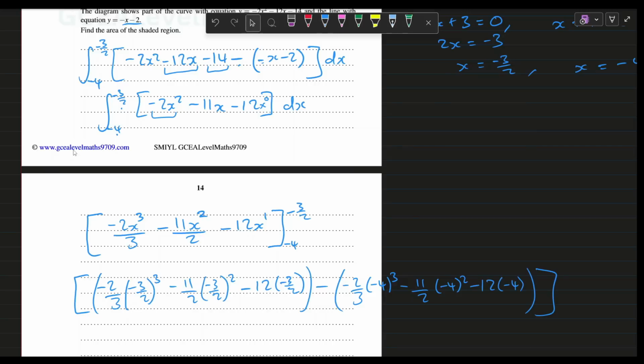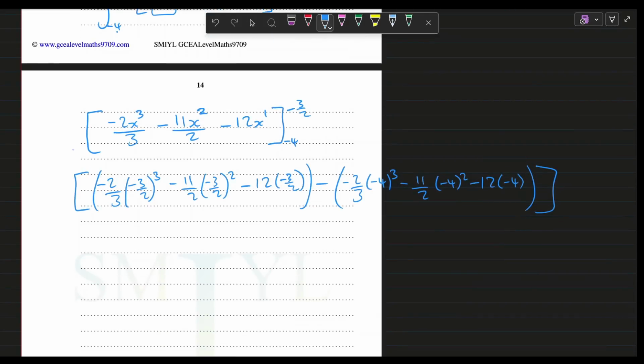Okay, so we'll start by evaluating the expression for the upper limit. So that's going to be negative 2/3 times negative 3/2 cubed, minus 11/2 times negative 3/2 squared, minus 12 times negative 3/2, and this gives us 63/8. Then we've got this minus sign, and now let's evaluate our lower limit.